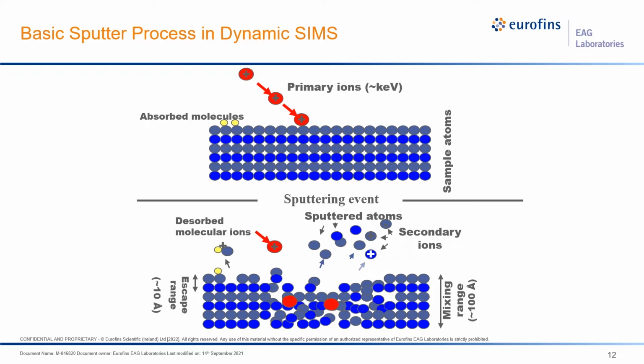As you might remember from your elemental physics days, this is a momentum transfer. So the mixing is going to be dependent on the kinetic energy of the primary ions. So you can control the mixing range by controlling the kinetic energy of the primary ions or the angle of the primary ions.